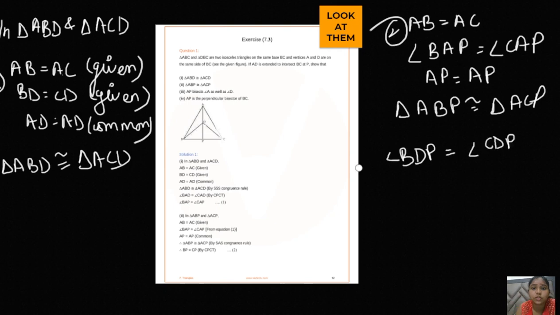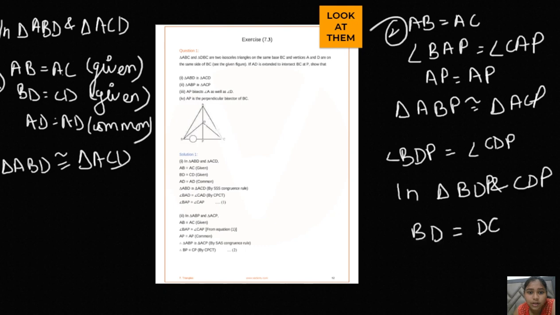For that we take triangles BDP and CDP. BD is equal to DC, already given, right? Since both are isosceles triangles, half of angle B is equal to half of angle C, because they are the bisectors, right? Then this particular side is also common between them.